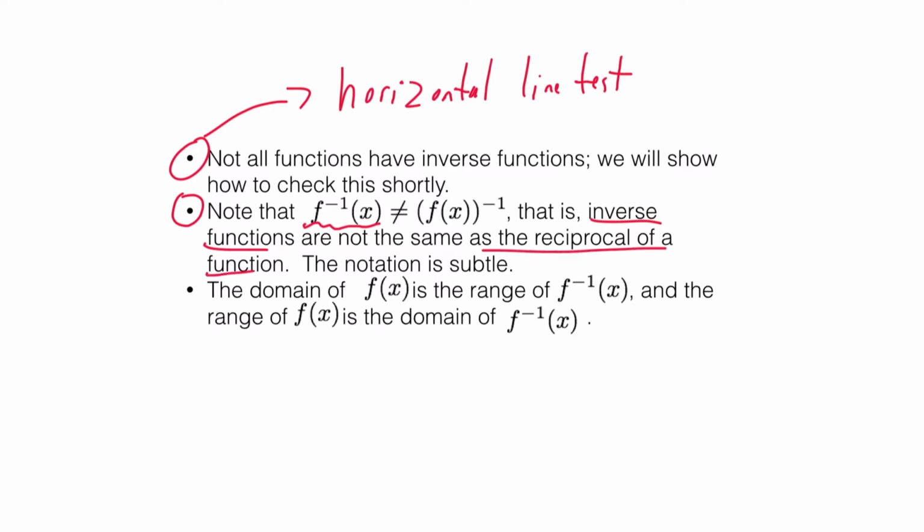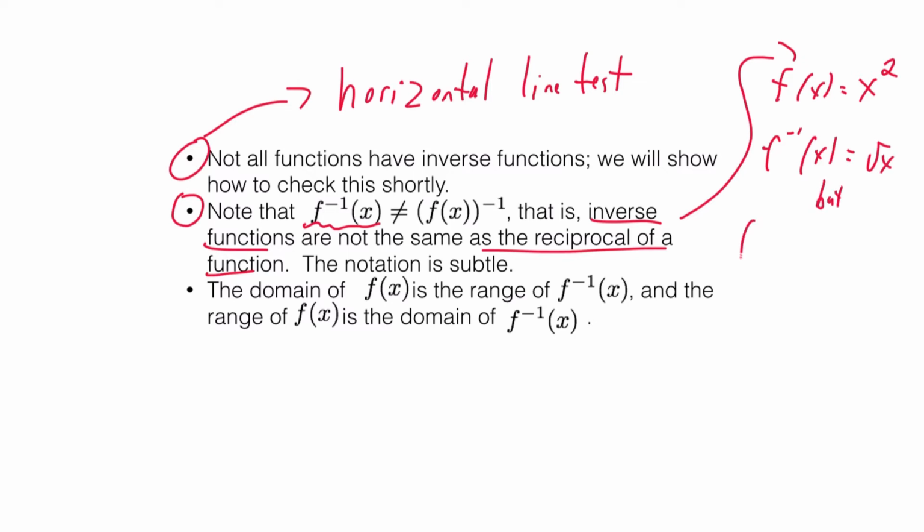So note, just as an example, if f of x equals x squared, then f inverse of x is the square root of x, but f of x to the minus 1 is 1 over f of x, which is 1 over x squared. So they are quite different, and this is something you should keep in mind.